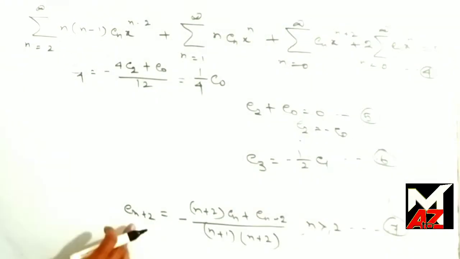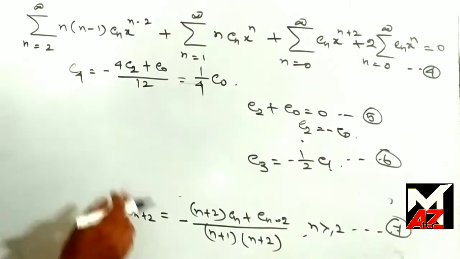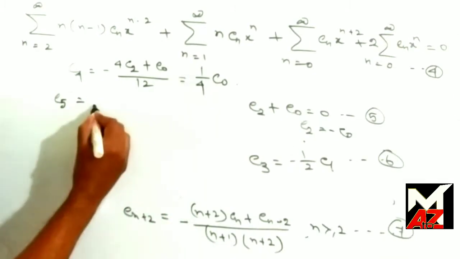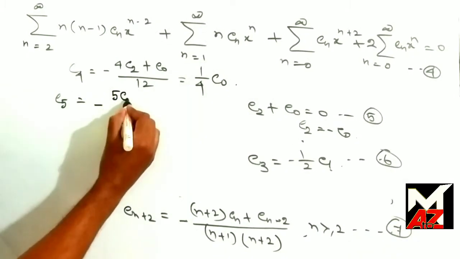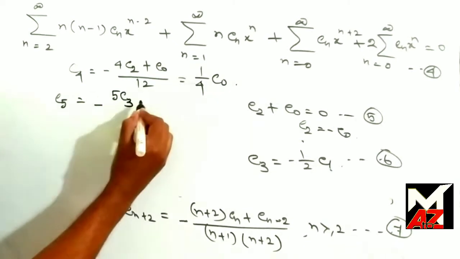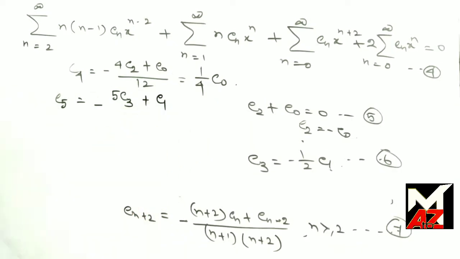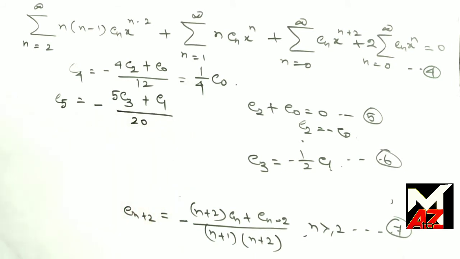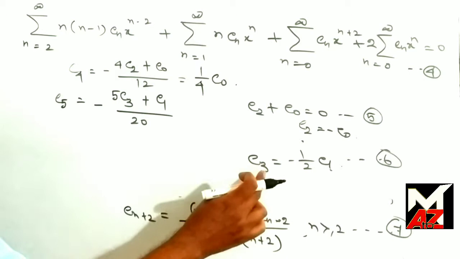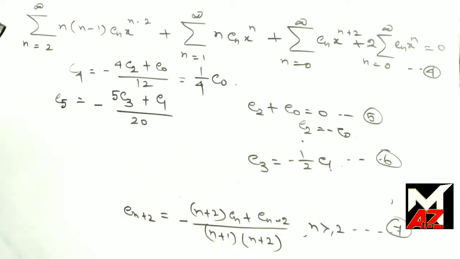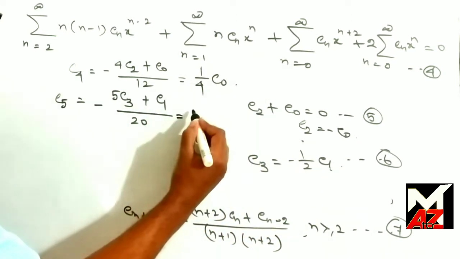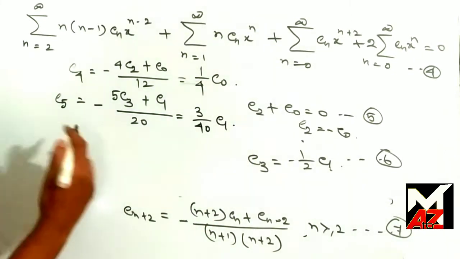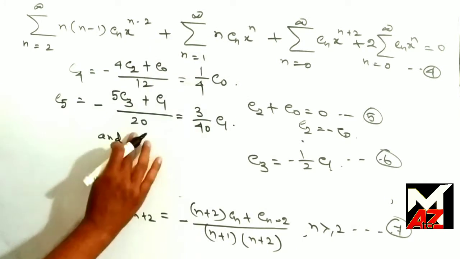For C5 we put n equal to 3, then C5 is equal to minus 5 into C3 plus C1 by 20. Also we get C3 equal to minus half into C1, so this result becomes 3/40 into C1, and so on.